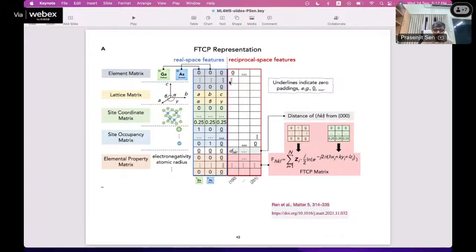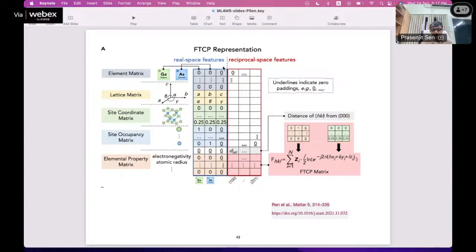So you see two distinct parts. You can see real space features and reciprocal space features. The real space features are exactly the way we wrote the IRCR representation. They had something extra here, which is reciprocal space features. This entire part in the reciprocal space features is zero.